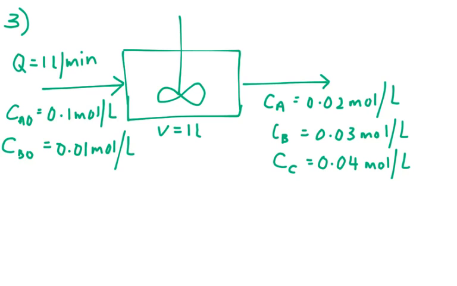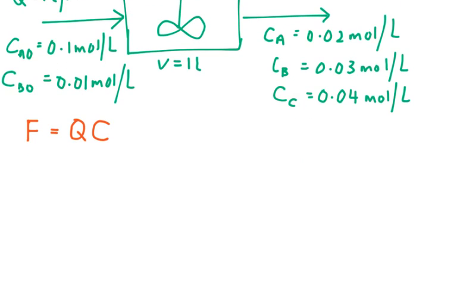Now in the formula, you can find that the molar flow rate, in this case let's call it F, is equal to the volumetric flow rate multiplied by the concentration. Therefore, in this case, it's very simple.